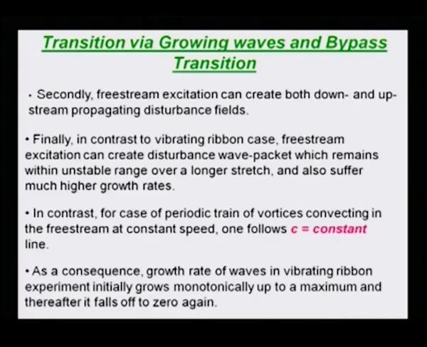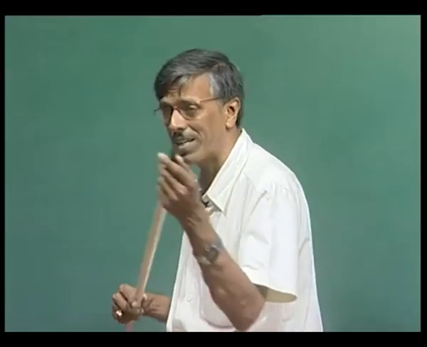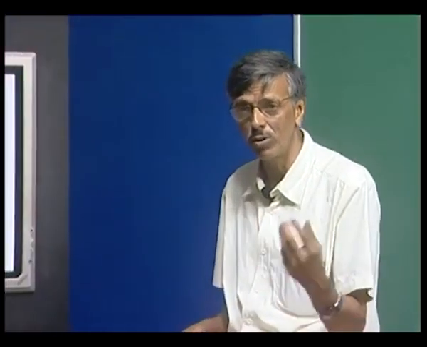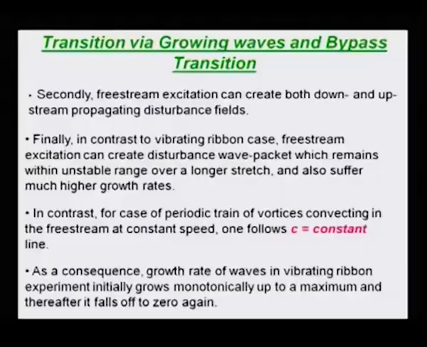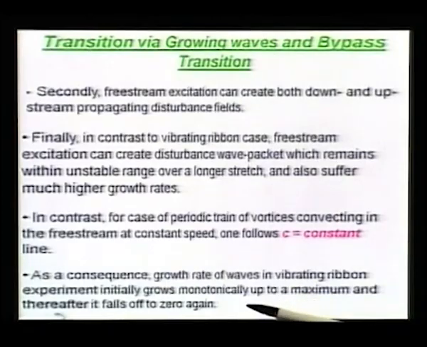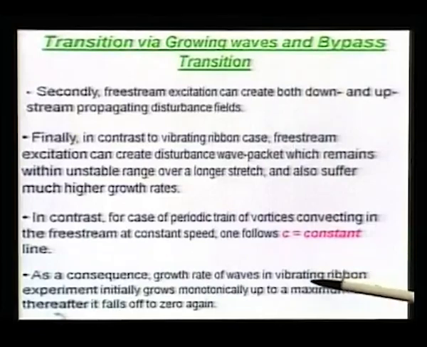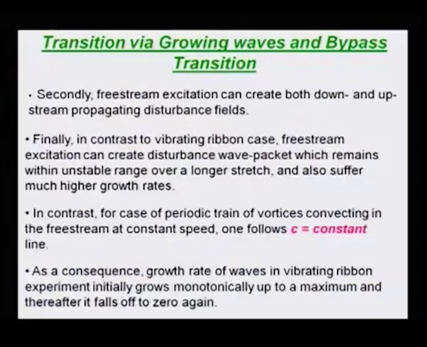In contrast, if we look at a periodic train of vortices convecting in the free stream at constant speed, we don't have to follow a constant frequency, but what we should follow in that neutral curve is the c equal to constant line. And that's the reason that we get much higher growth rate, right? We said that as a consequence, the growth rate of waves will be much, much more significantly higher than what you actually generate by vibrating ribbon type of excitation.